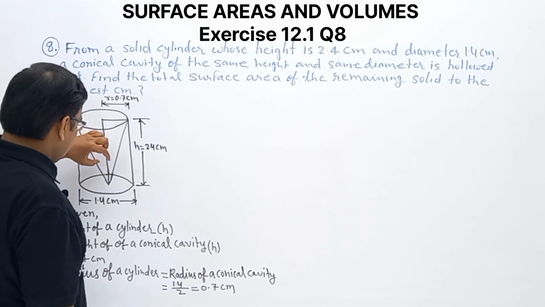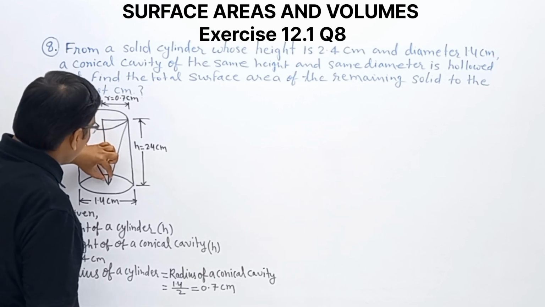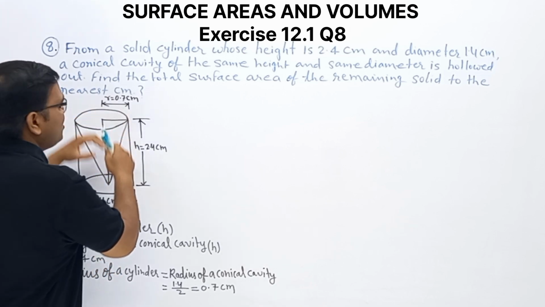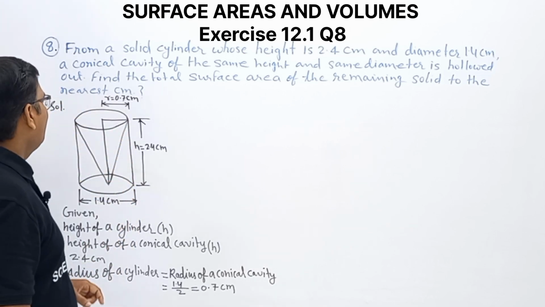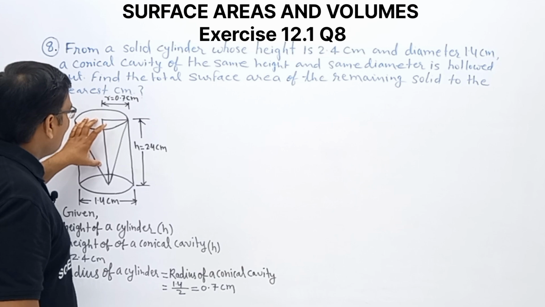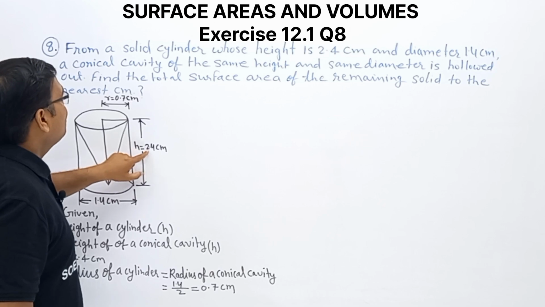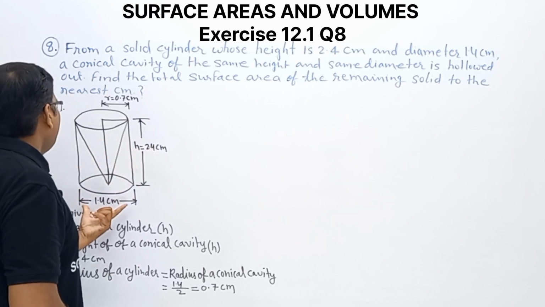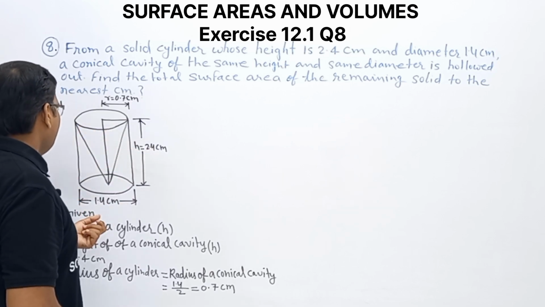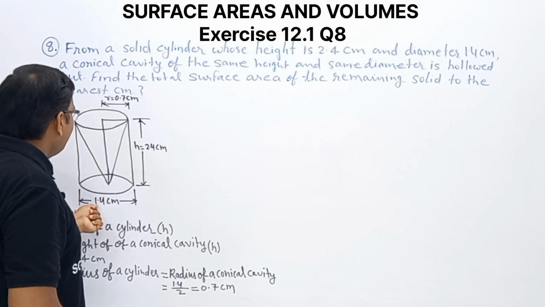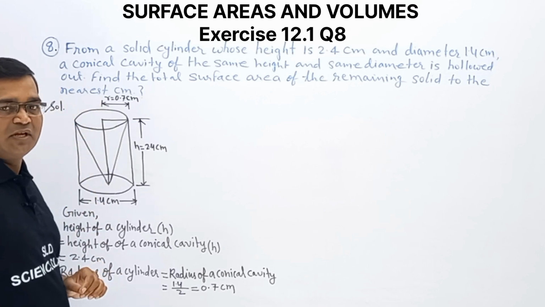We are removing this cone from this solid. Clear? The height of this cone we are removing is 2.4 centimeter, and the diameter of this cone is 1.4 centimeter. Clear?